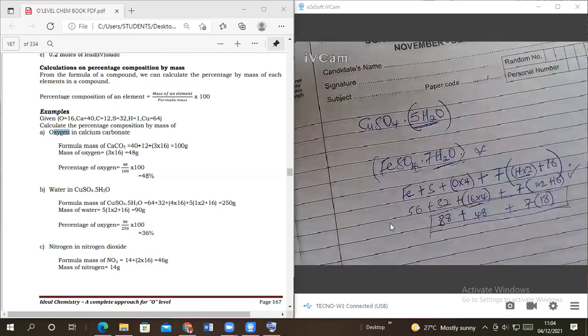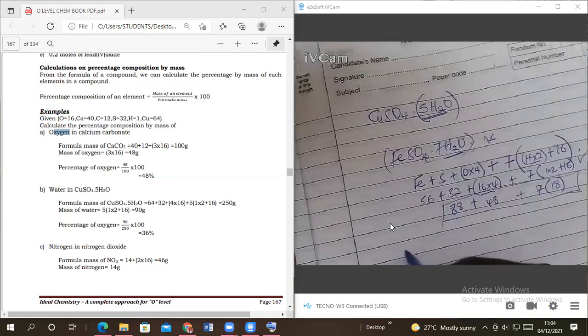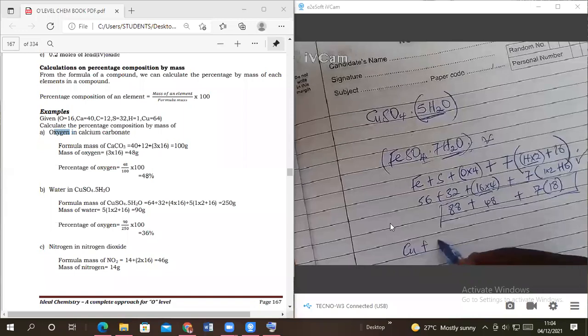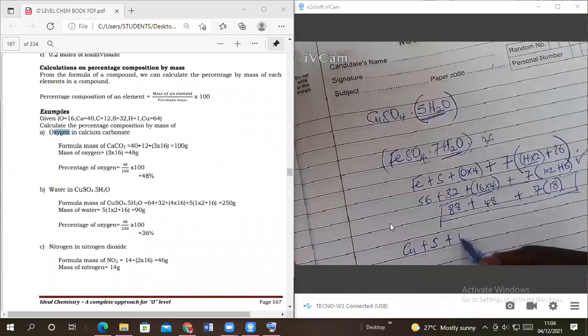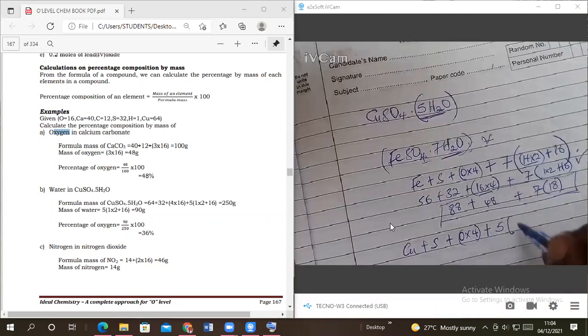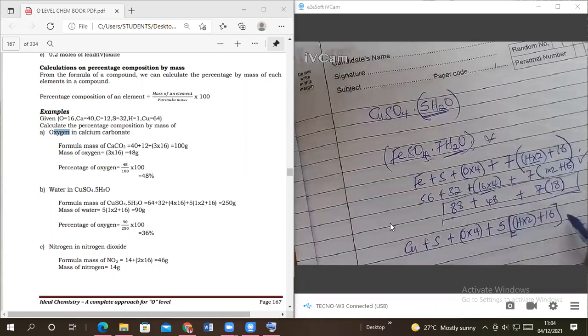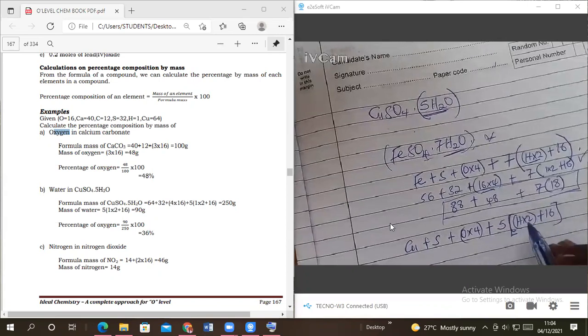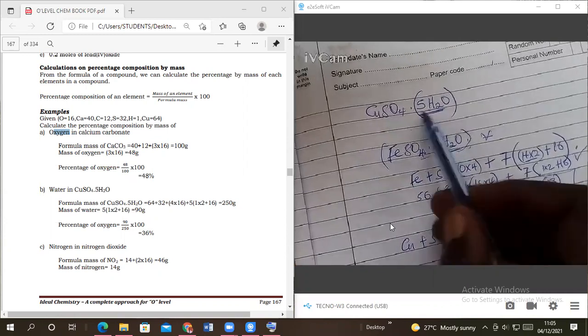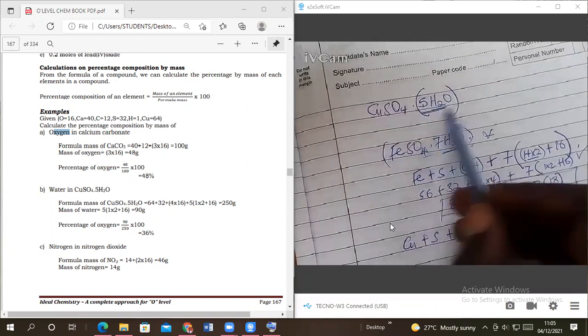That's one example. Now let's go back to our copper sulfate. It's going to be copper plus S plus O times 4, then plus 5 into water. Water is hydrogen times 2 plus 16. Always, if the compound is big, use brackets for easy identification. Because they want the percentage of water, note it is 5 H2O, not only H2O.